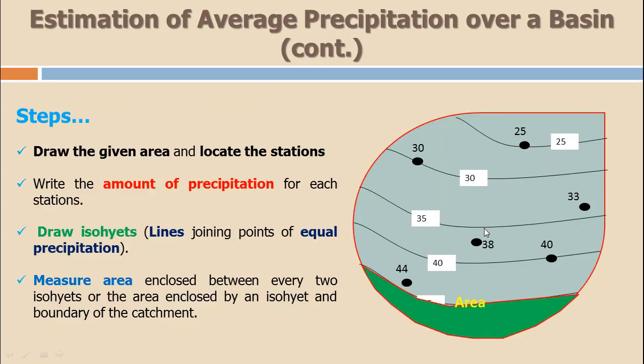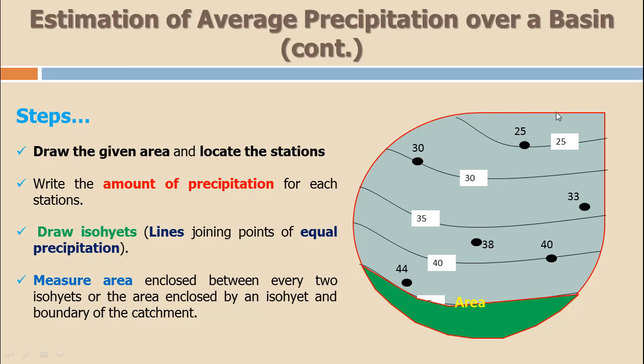You can understand by this formula, like let's suppose this is one isohyete, and this is another isohyete. So what will we do? We will find the average of this boundary and isohyete number 1, which is 25, and as I already told, we will assume the same value for the boundary, which is 25.